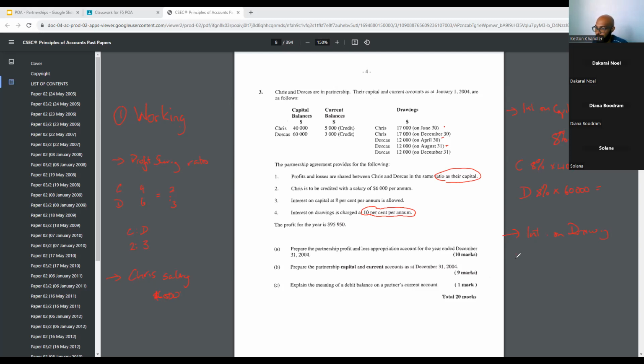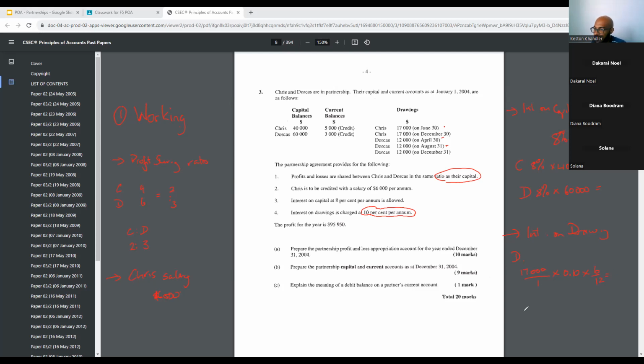Right? So for Dorcas, he has 17,000 multiply by 10%, so that's 0.1. That's for the whole year. Multiply by 6 on 12, which is a half, right? 6 out of 12 months.